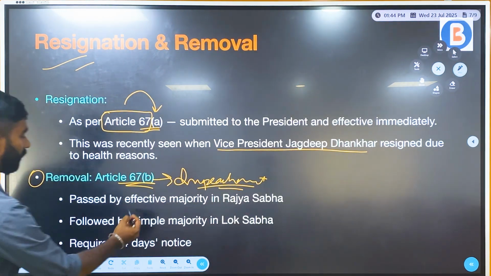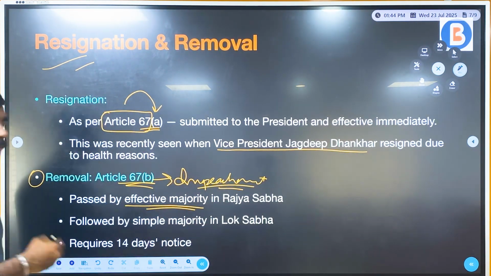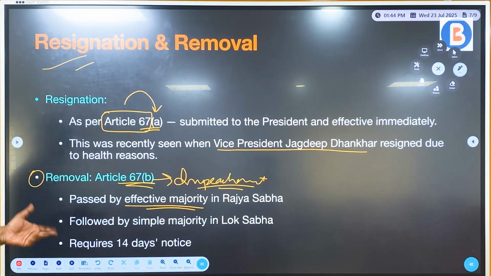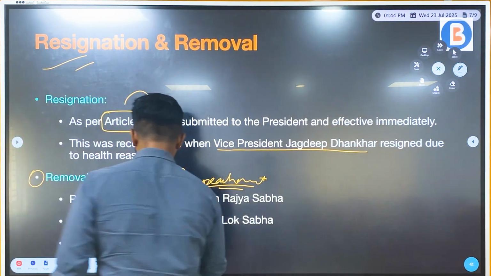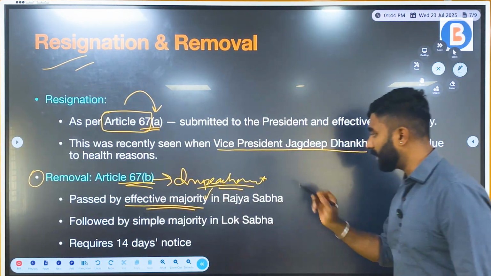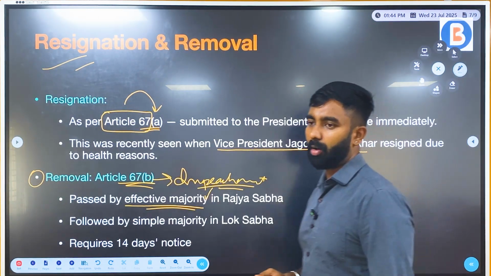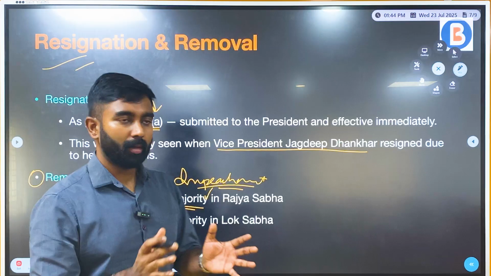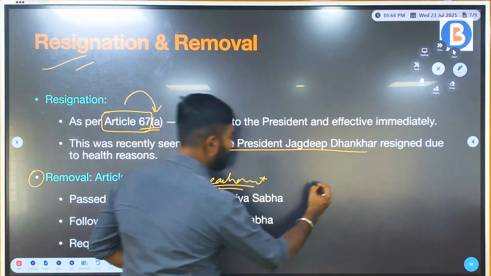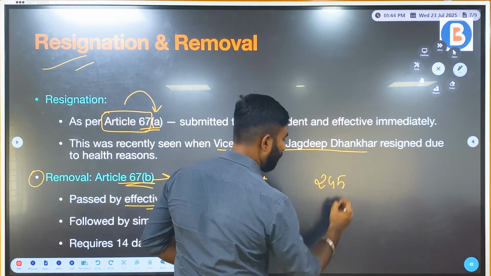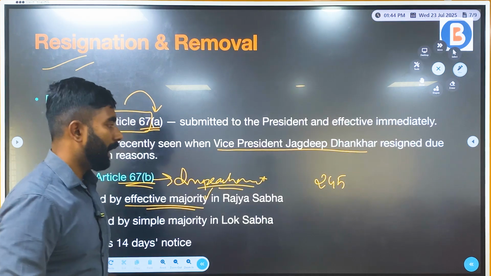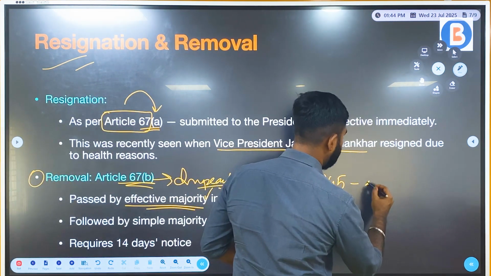What is the important thing here? First, the motion passed to remove the Vice President has to be passed with an effective majority in the Rajya Sabha. What is effective majority? It is the majority of the effective strength of the House. Let's say Rajya Sabha has 245 total strength, and imagine that 5 seats are vacant.